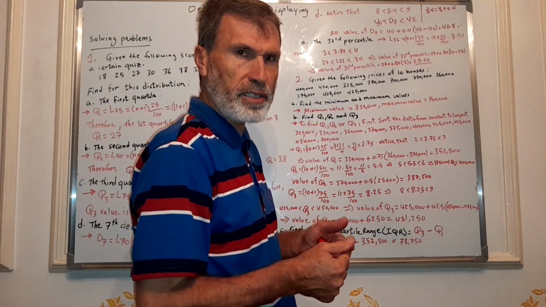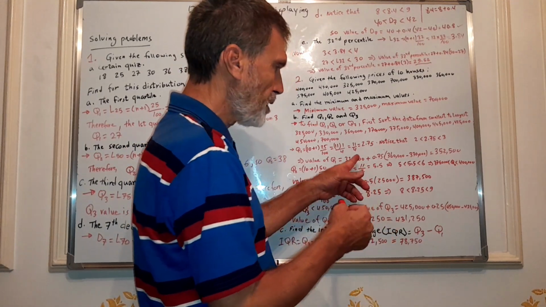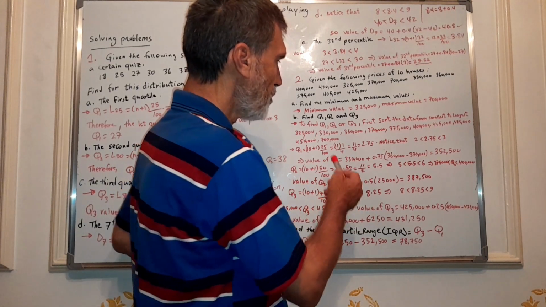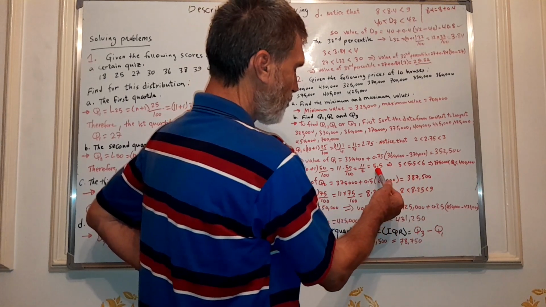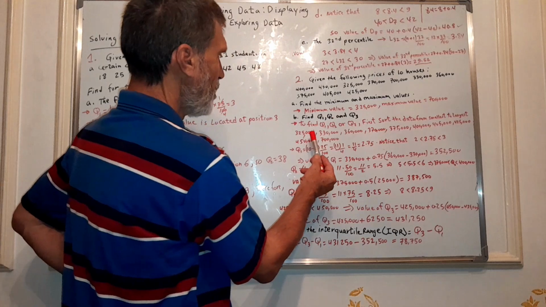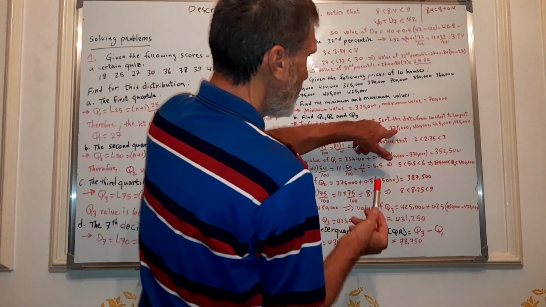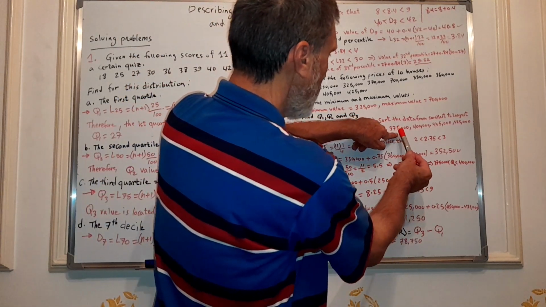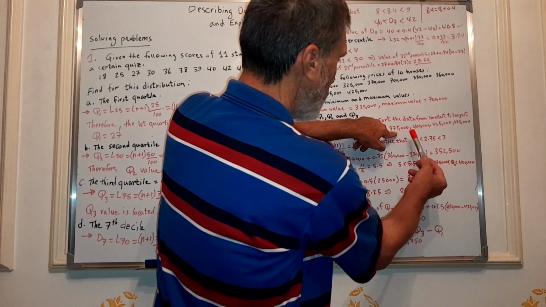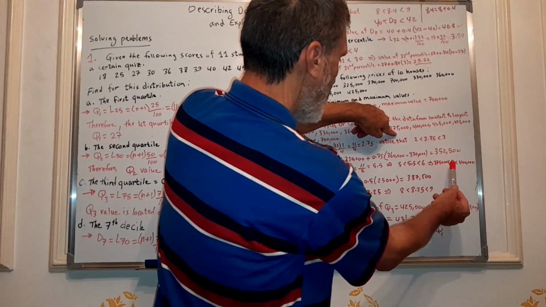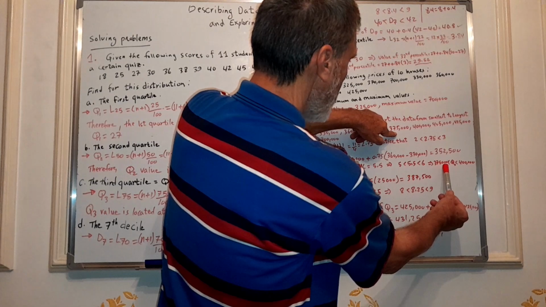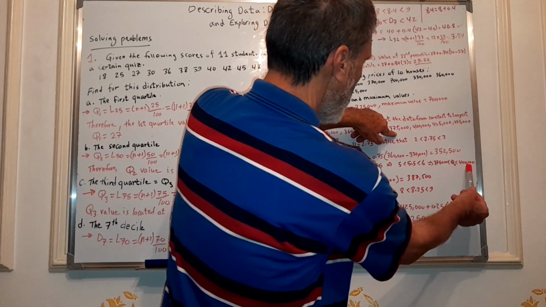So how are we going to find the value? We're going to do the same thing as we did with the previous part of the problem. So we have 5.5 greater than 5, less than 6. 5 is here: 1, 2, 3, 4, 5. 375,000. Okay, this is the lower value, and this is the upper value. So Q2 is between 375,000 and 400,000.